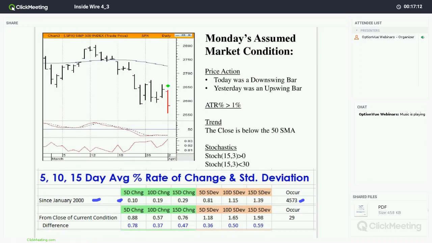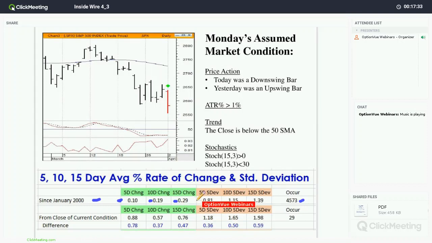If you were to go forward 2 weeks or 10 bars, the average 10-day change is almost 1/5 of a percent, 0.19. The 3-week change is not quite 1/3; it's 0.29 of a percent.